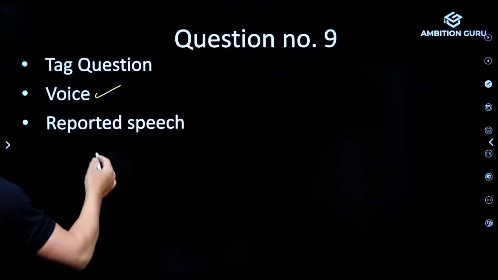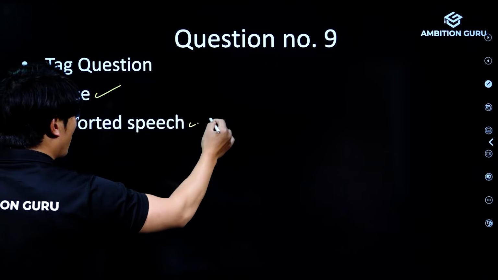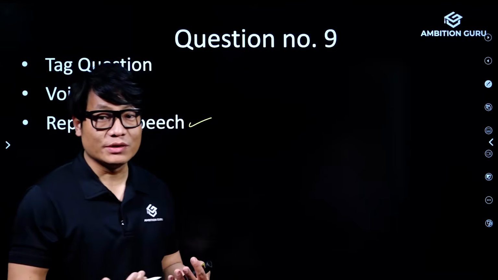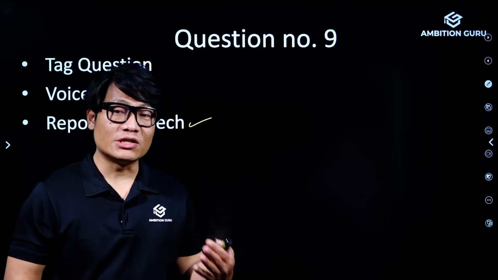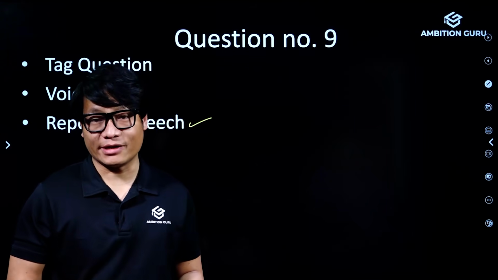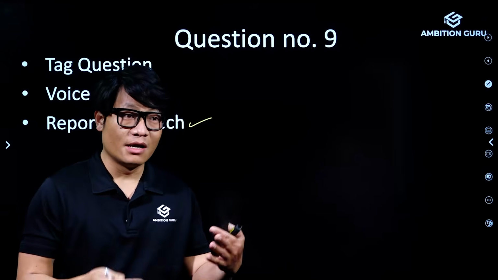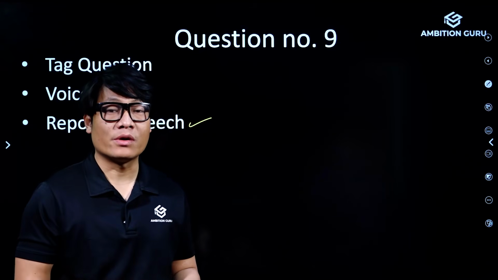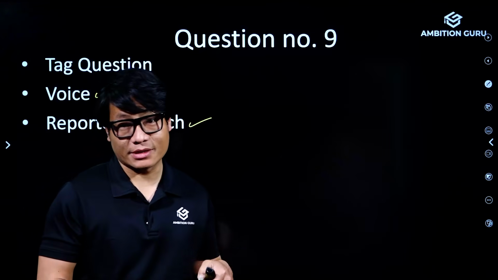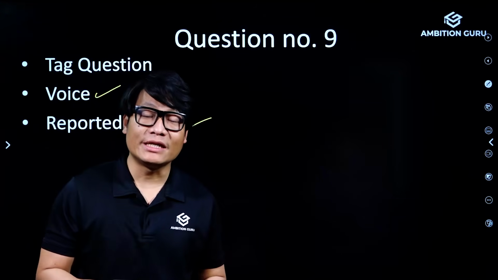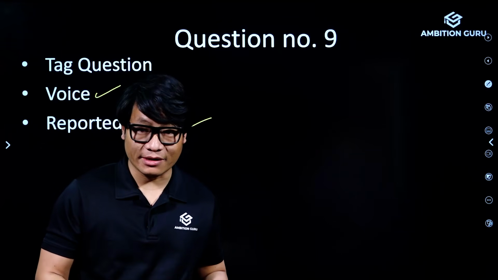No idea. And next is here reported speech. Even we have two types. One is direct and next is indirect. So it can be asked direct to indirect or indirect to direct. But we need to be prepared for everything.